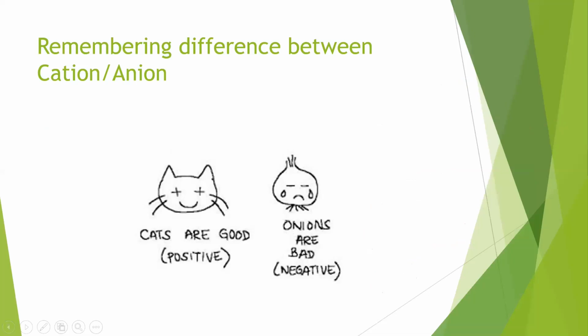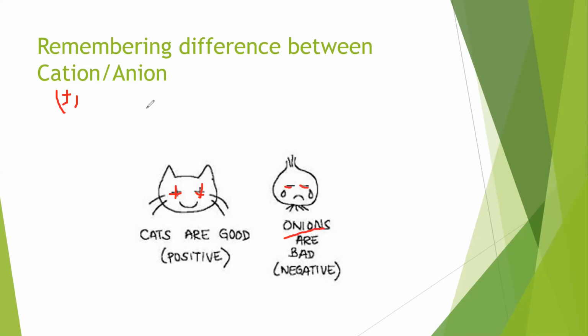Here's a good way to remember the differences between a cation and an anion. If you're a cat lover, this is a really easy analogy. Cats are good if you're a cat lover, and it's a positive, as you can see. So cations are positively charged, and anions, or onions, which is pretty similar to anions, make people cry, so they're bad.